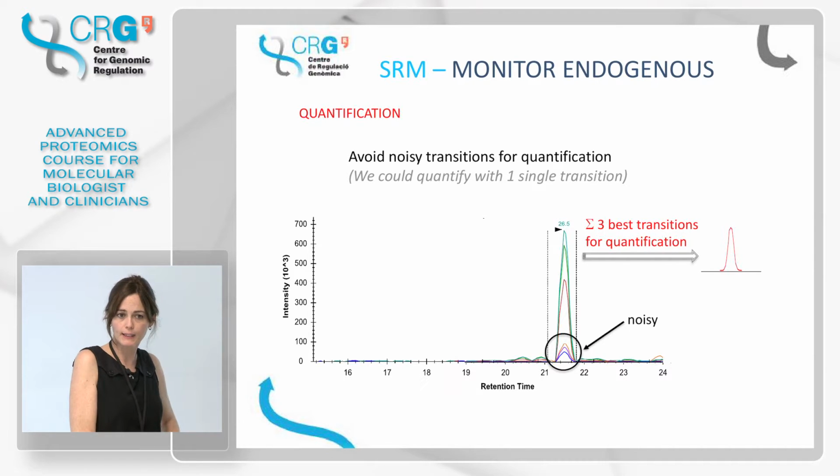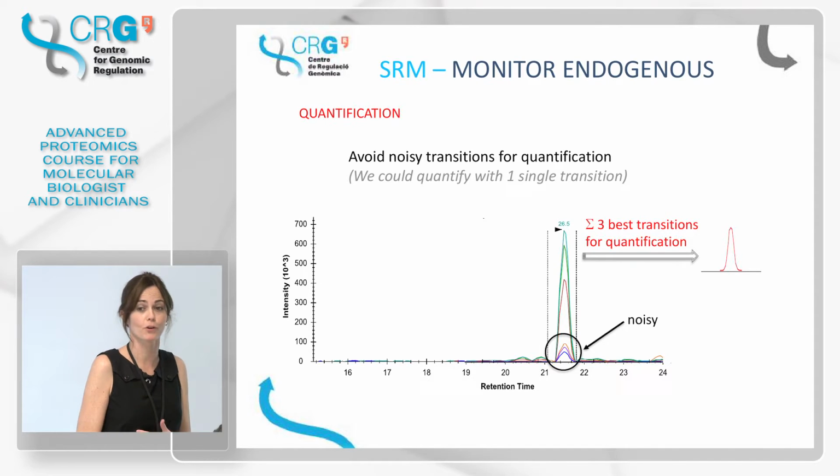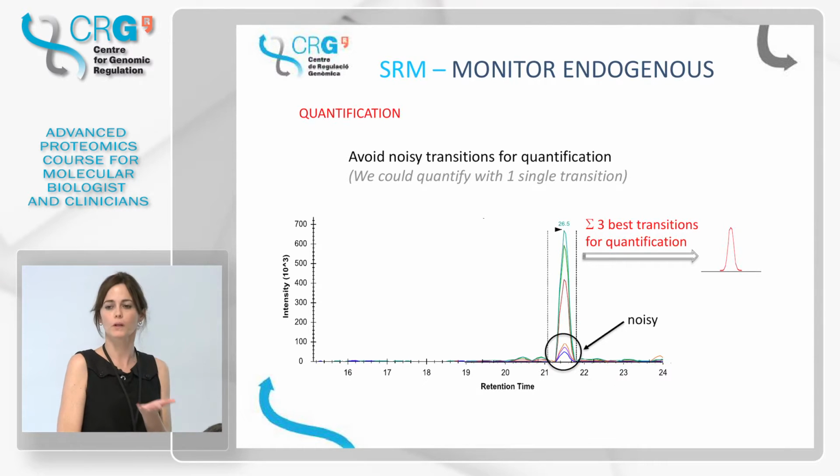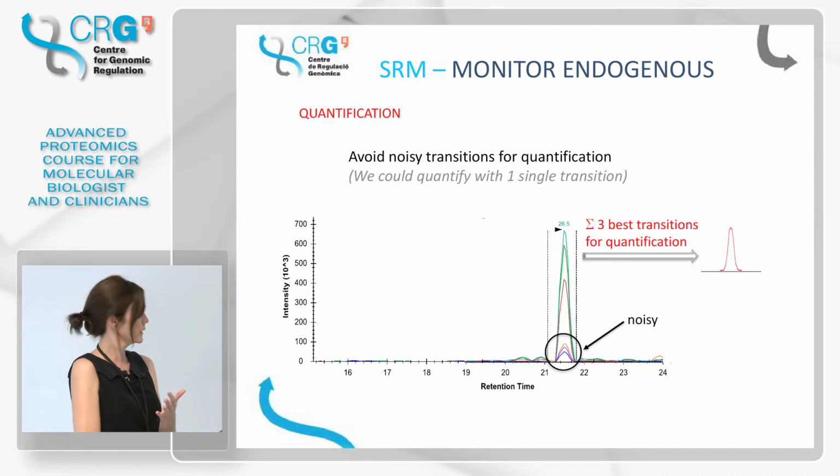Sometimes we can decide that even though we measured, in this case, 6 transitions for this peptide, which the more the better, and the more transitions we have is especially helping us for the identification, so we make sure that those are not interferences. But maybe for the quantification, we don't necessarily need 6 transitions. It can happen that we have some transitions.